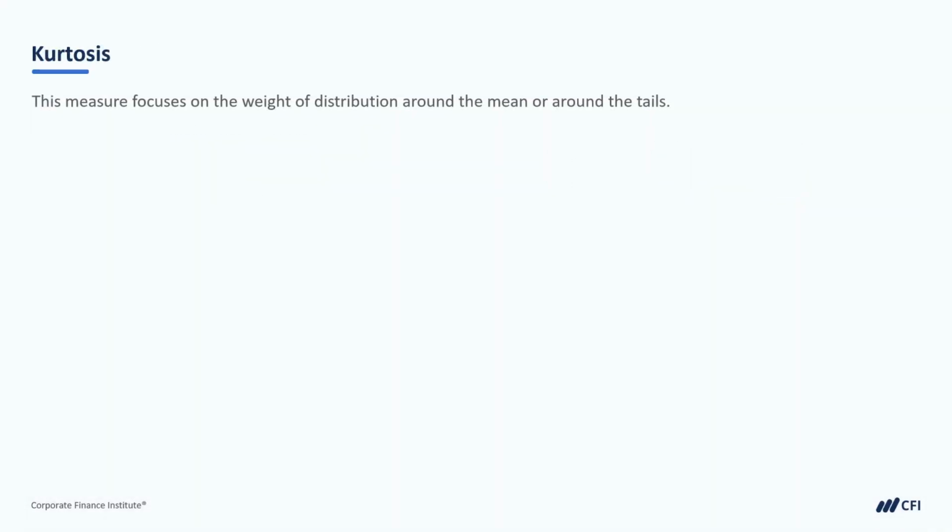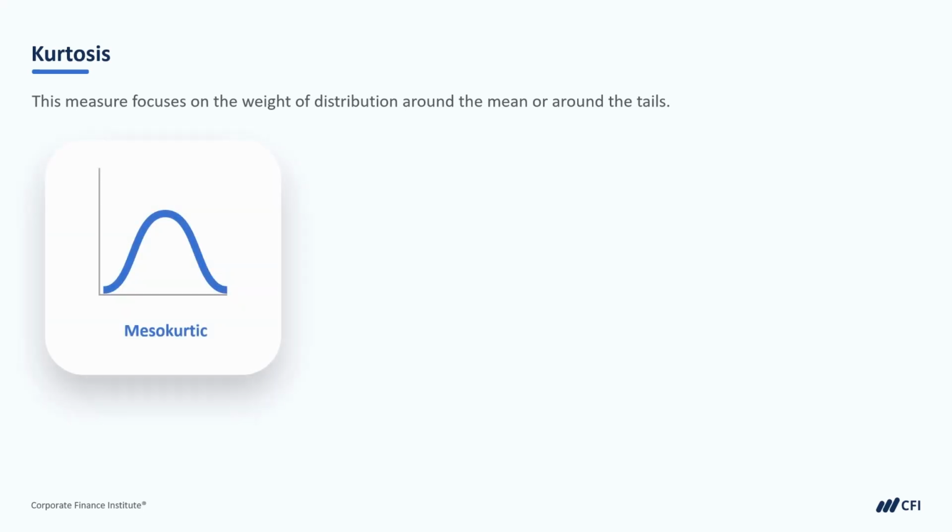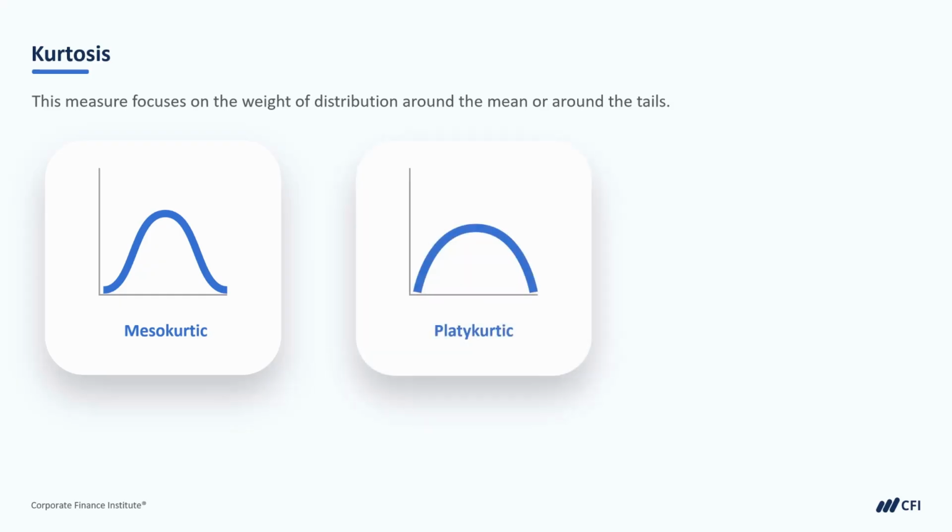Kurtosis is a measure that focuses on the weight of a distribution around the mean or around the tails. Distributions that are mesokurtic look like a normal distribution. In a platykurtic distribution, the weight of the distribution is spread around the mean with very little distribution in the tails.